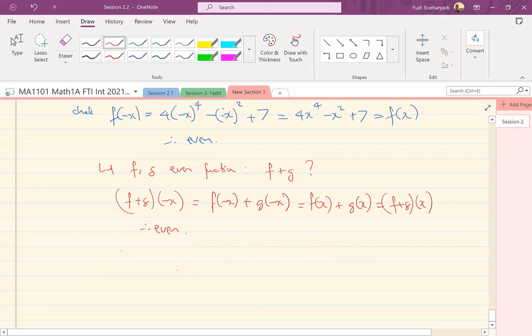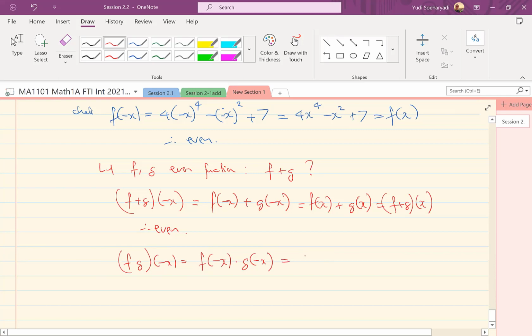I mixed it up with composition. Sorry, this is f times g. Plug in negative x times g of negative x.